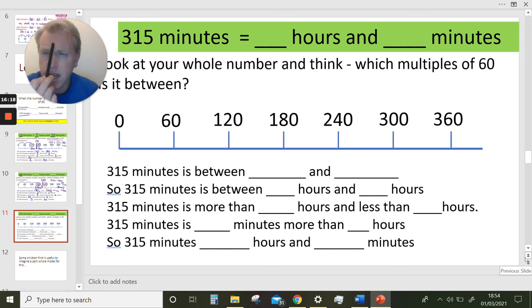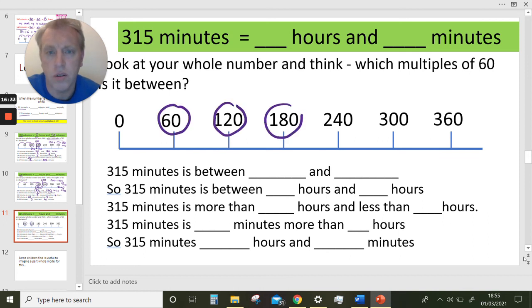315 minutes. Can you think? Which multiples of 60 is it between? 315 minutes. Well, counting up. 60, 120, 180, 240, 300. Oh, 360 is too far. It's more than 315.